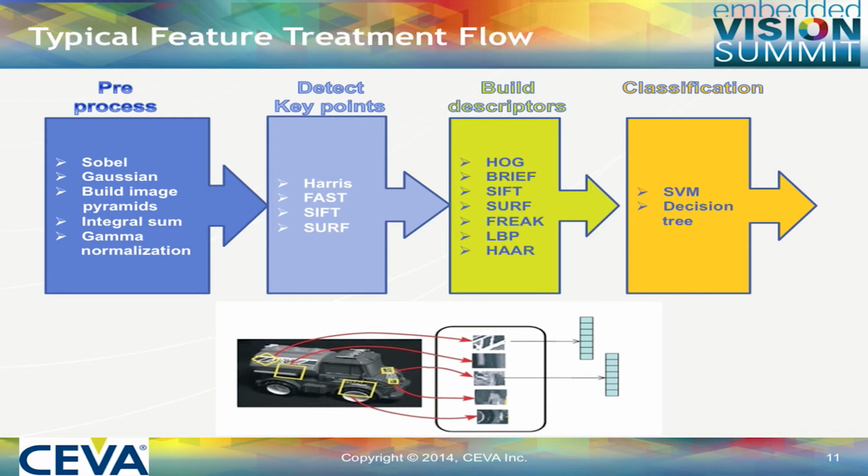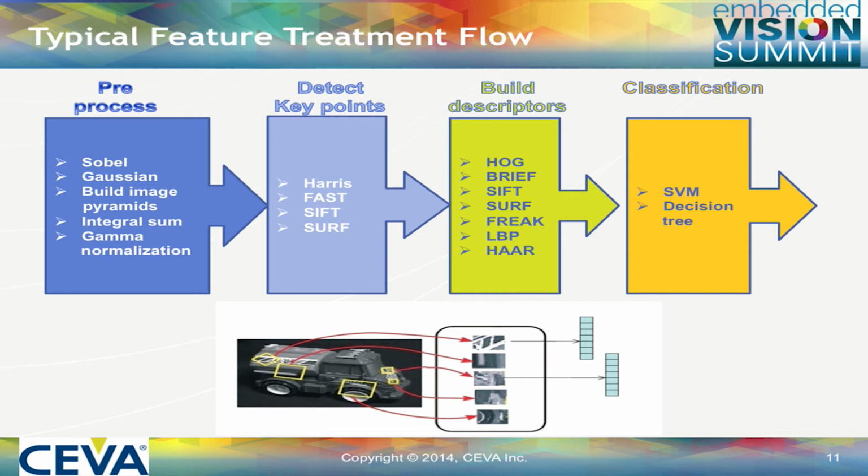Sobel derivative is an input for Harris, and Gaussian and image pyramid allow us to be scale invariant when wanting to do feature detection, integral sum for SURF.